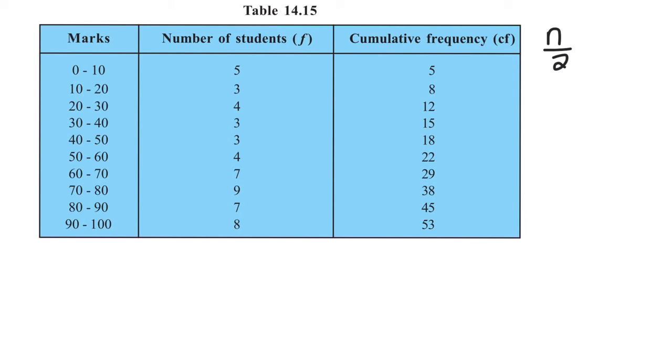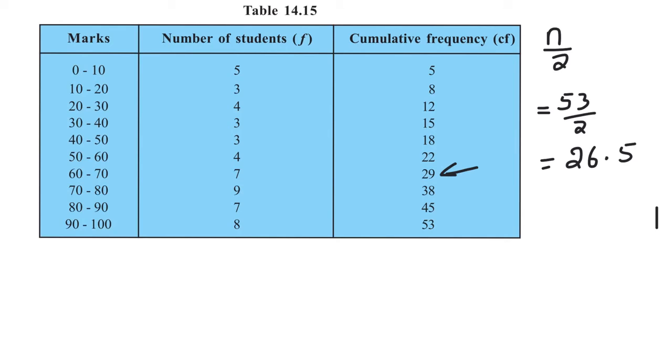We now locate the class whose cumulative frequency is greater than and nearest to n over 2. So what is our n over here? It is 53 students. So 53 over 2, and that is going to be 26.5. So now we have to locate the cumulative frequency, that is 26.5 or nearest to 26.5, and that's going to be this 29.